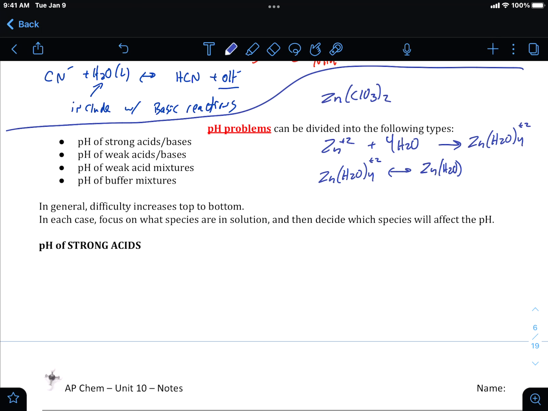So instead of H2O4, now what's the rest of this formula? 3OH, yes. Is my charge still +2? It's +1. And what's my other product? H plus, yes. Okay. That is as far as we should go today.